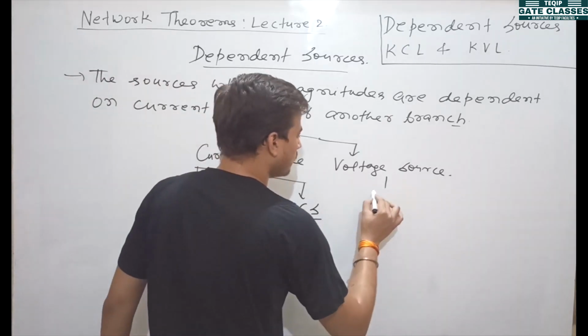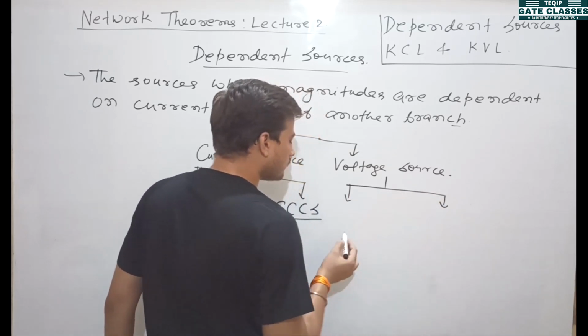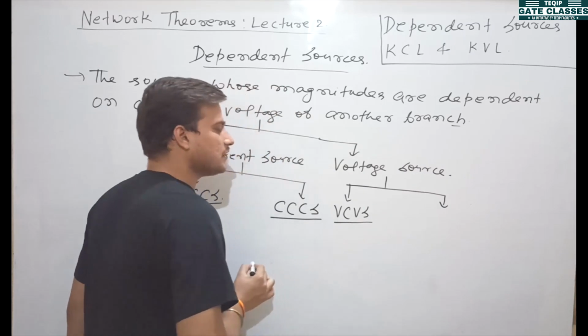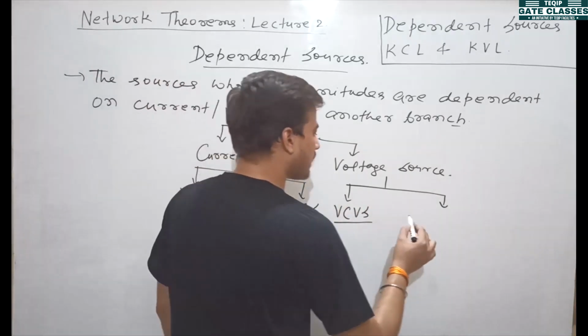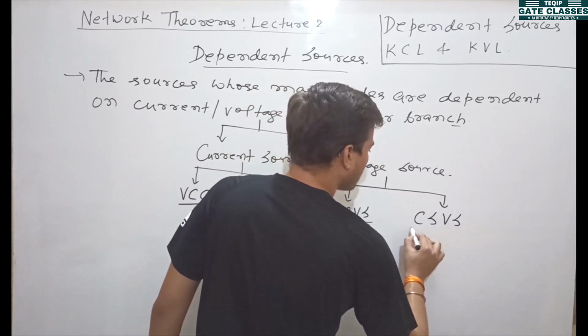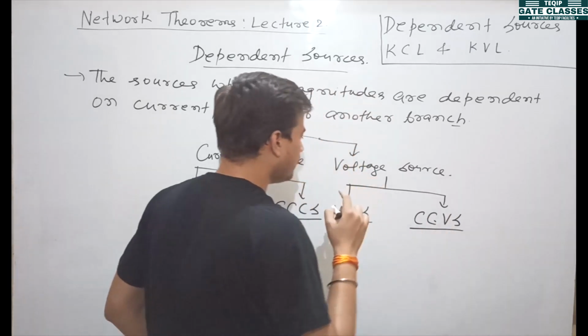Similarly, in the case of voltage sources, there will be two types. First one will be voltage controlled voltage source, VCVS. Second one is current controlled voltage source, CCVS.